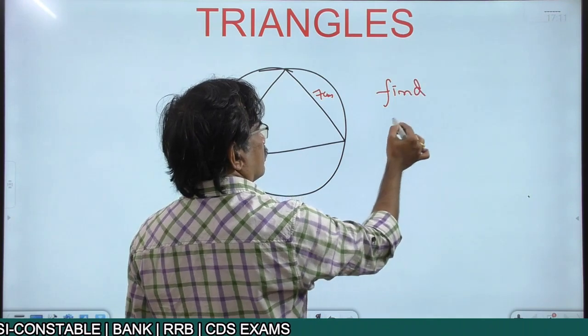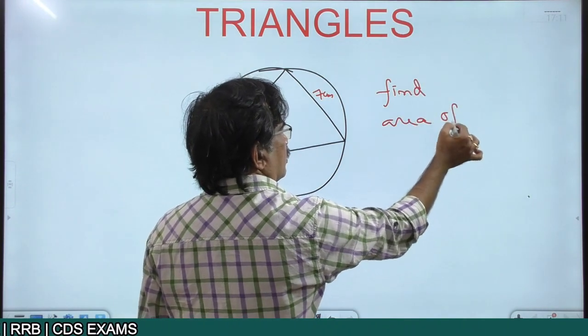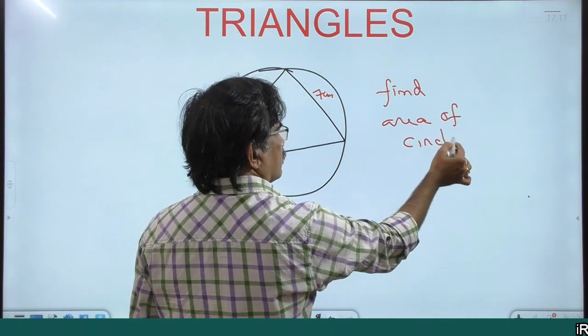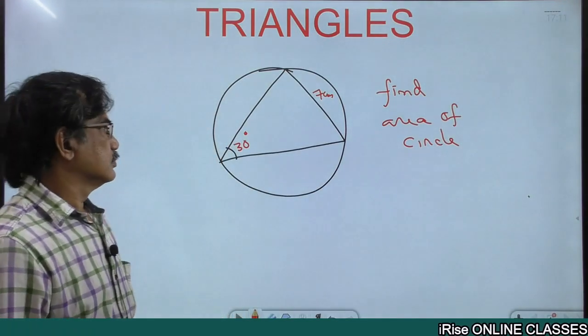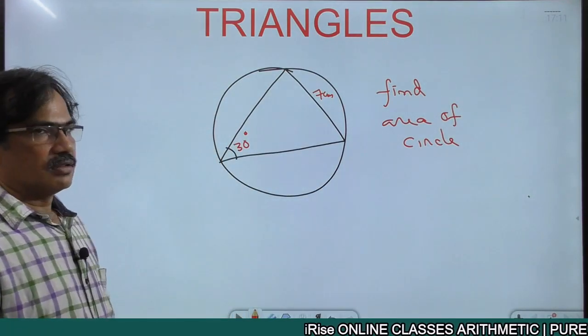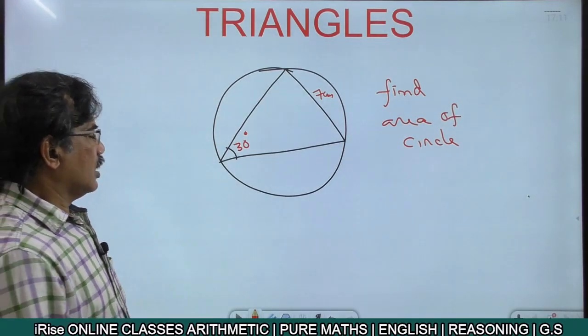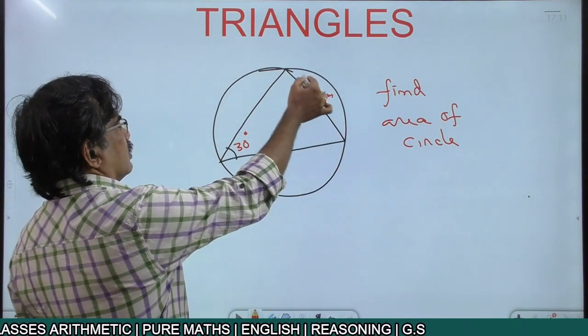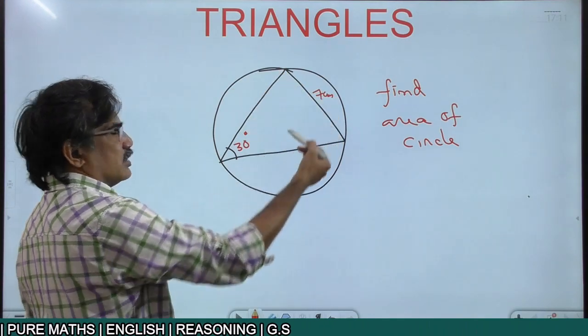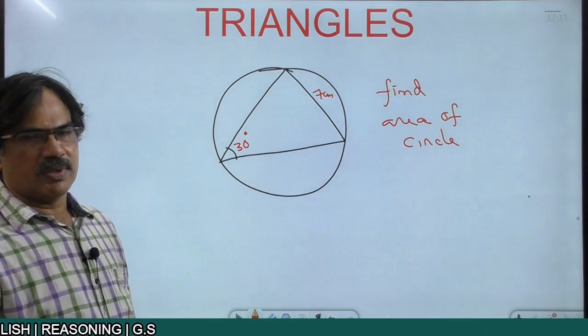Find the area of the circle. These are the only given values. What is the area of the circle? Or you can say, what is the shaded region. Sometimes shaded region questions will also be given.